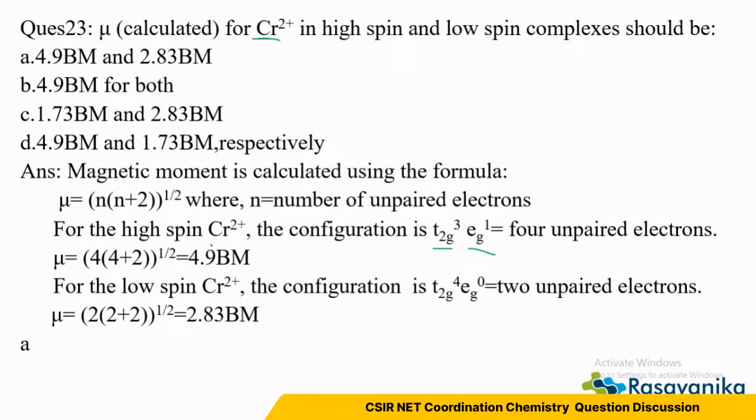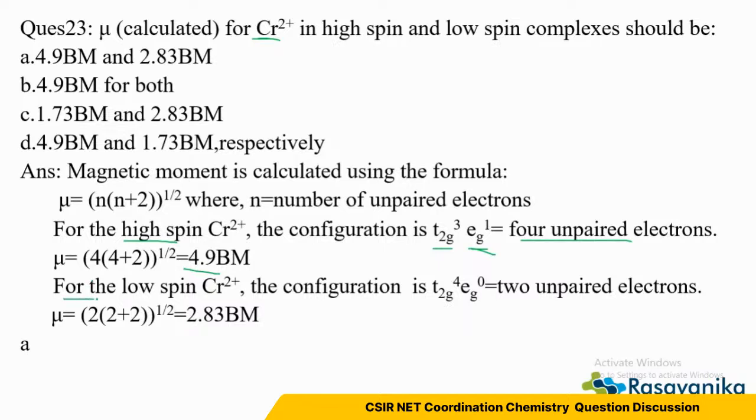So for the high spin chromium 2 plus, the configuration is t2g3 and eg1, right? 3 in the t2g, 1 electron goes to the eg. It is high spin, right? 4 unpaired electrons will be there. So root of 4 plus 2, that will be 4.9 Bohr magneton.